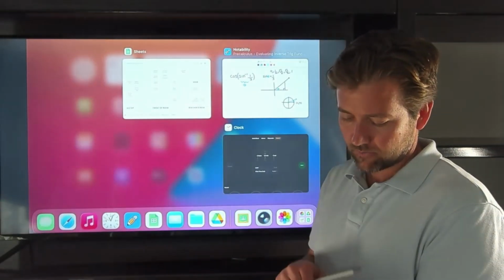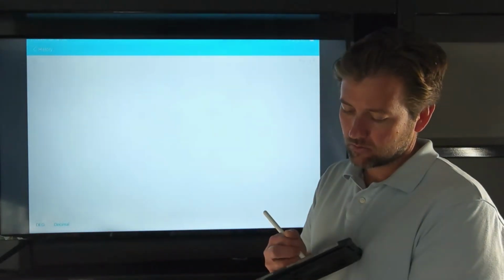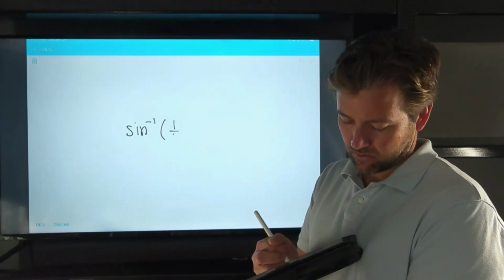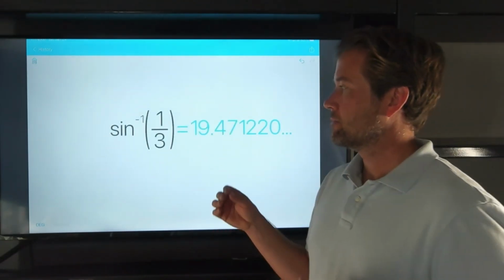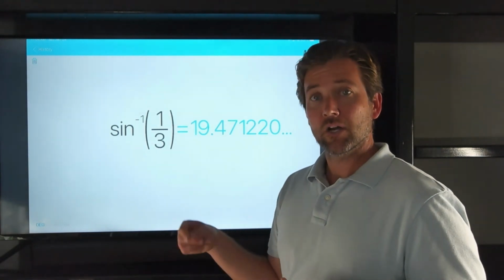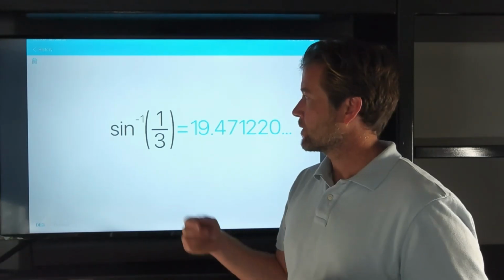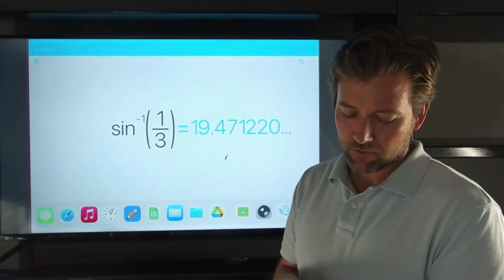Let's check it out. Sure enough, pi over 6, that's 180 degrees divided by 6 is 30 degrees. This angle, arc sine of 1/3, I'm not familiar with that angle, but it's between 0 and 30 degrees.